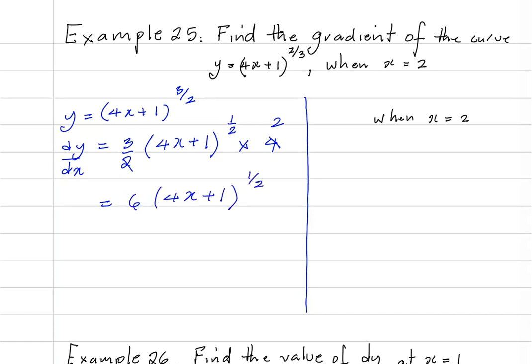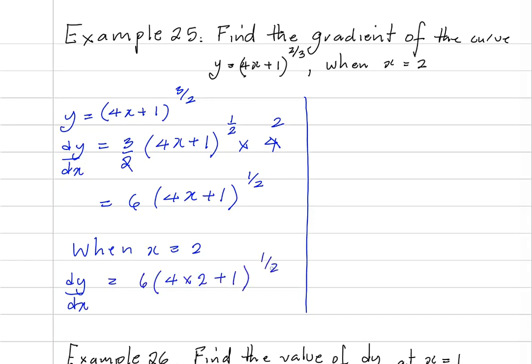Alright, so I don't know why I have this way over here. Let's move this. I'm going to say when x is equal to 2, dy by dx would be equal to 6, 4 times 2 plus 1 raised to the half power.